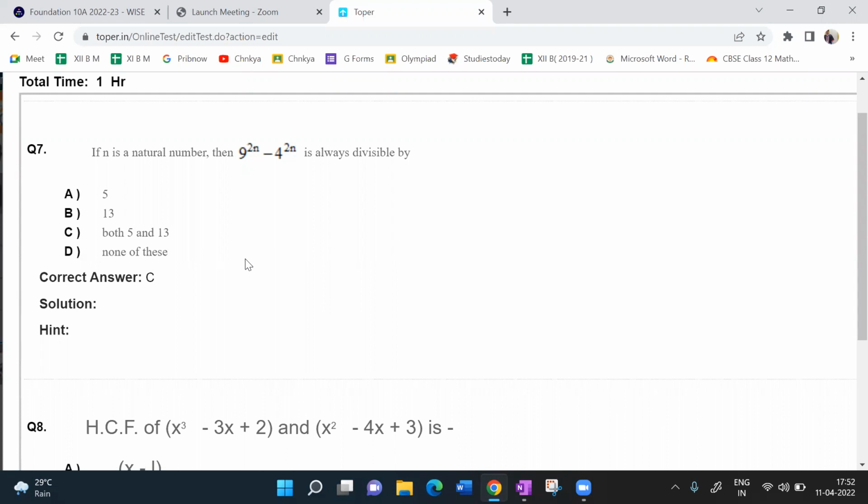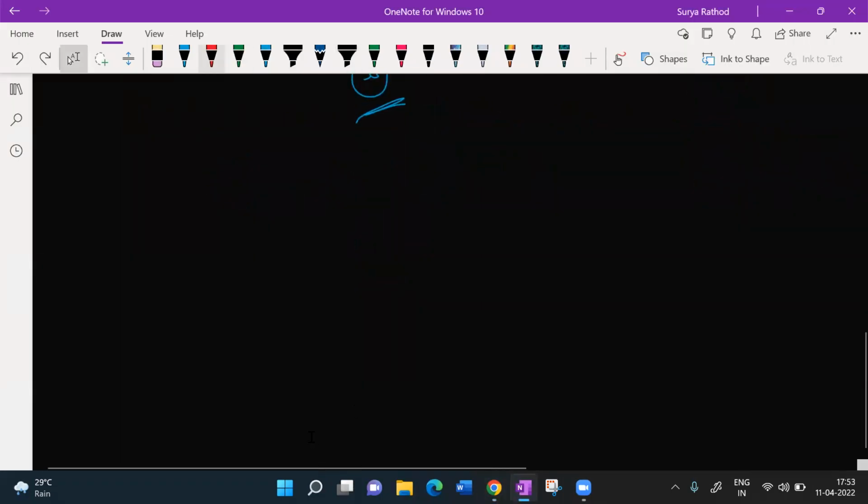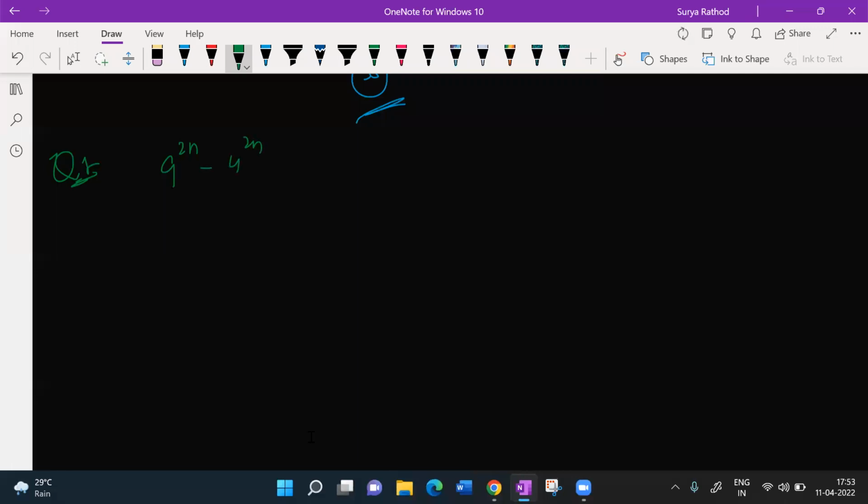Okay. So look at what he has given here. First of all, you read the question properly. 9 to the power of 2n minus 4 to the power of 2n. Let me write the question. This is always divisible by what?